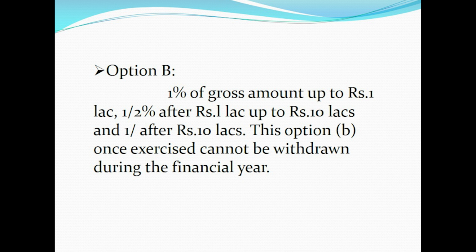Then another option B is given to calculate the taxable value in case of specific supplies. That is, 1% of the gross amount up to rupees 1 lakh, or 0.5% after rupees 1 lakh up to rupees 10 lakhs, and this option once exercised cannot be withdrawn during the financial year.